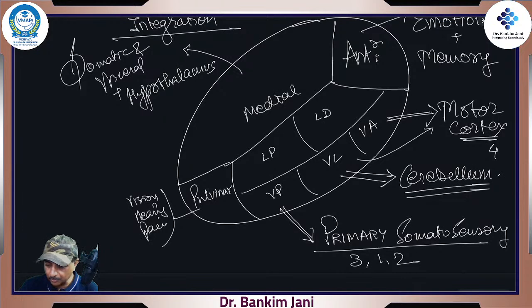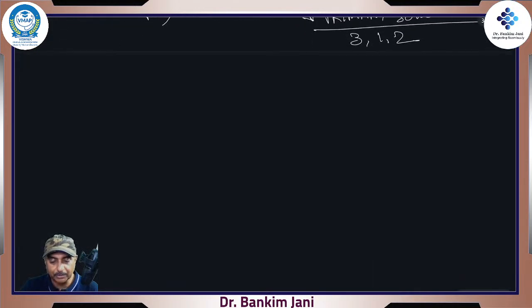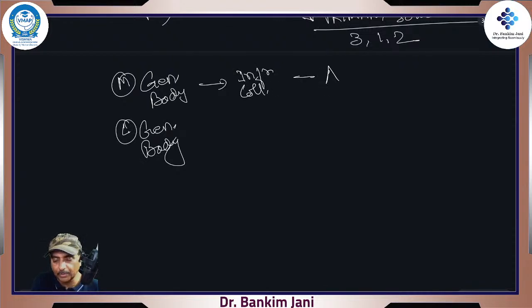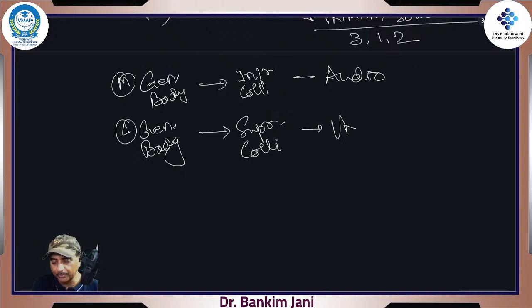Apart from this, there are two things we have to add, but we are not writing them here because we have talked about them: the medial geniculate body and the lateral geniculate body. This is with the inferior colliculus, and that is for audio. And the lateral geniculate body is with the superior colliculus, and that is for the video.